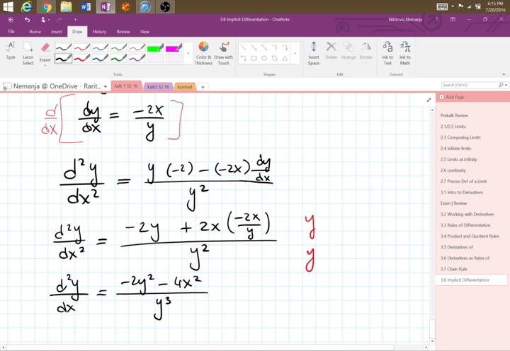The reason why I multiplied by y over y is I wanted to cancel the over y part in the numerator. So if I multiply the numerator by y, I have to multiply the denominator by y as well. So that would be the second derivative. And that takes care of that part.